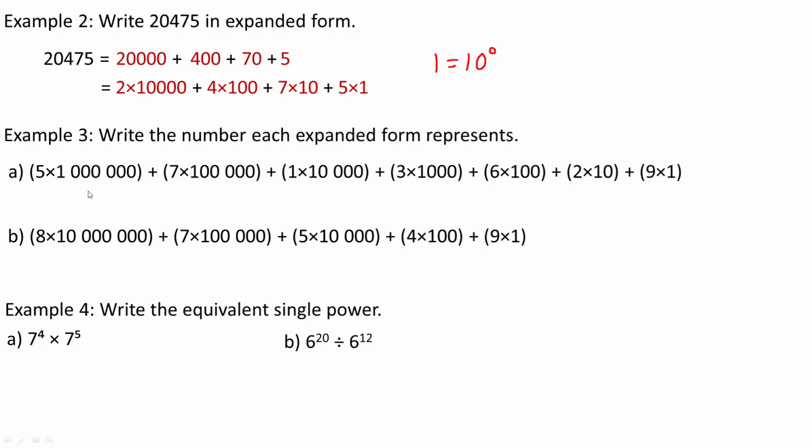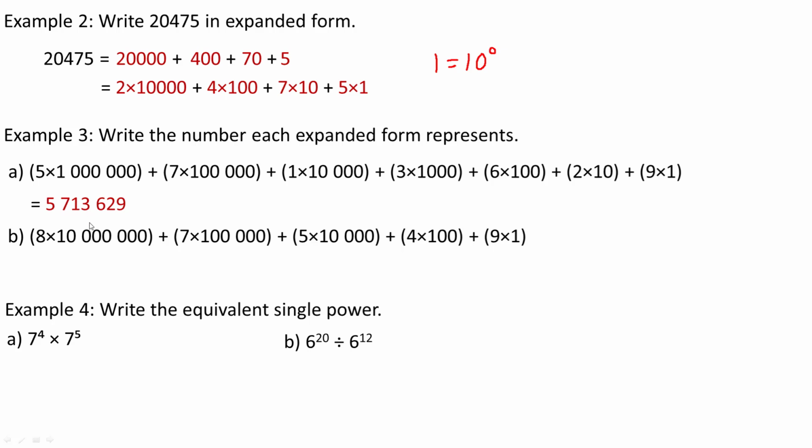So that means you can just write its number 5, 7, 1, 3, 6, 2, 9, which is 5,713,629. So see, here's the 5 millions, here's the 700,000, here's the 10, and 3 is 13,000, etc.